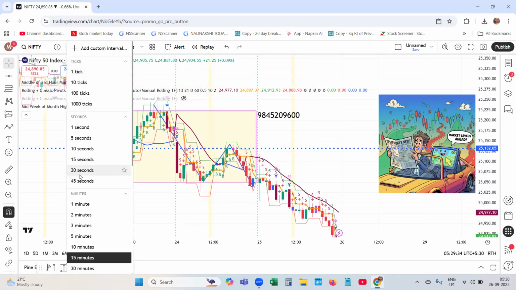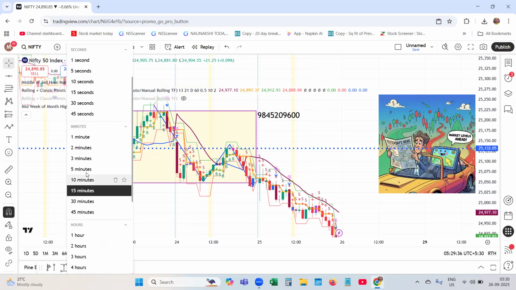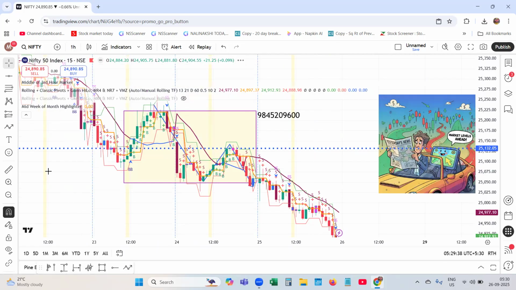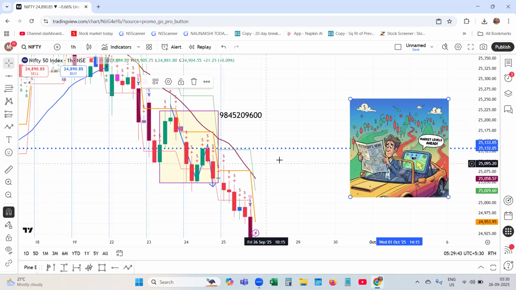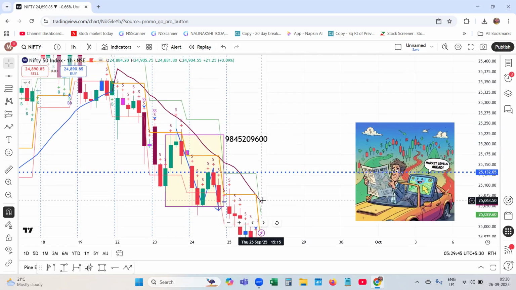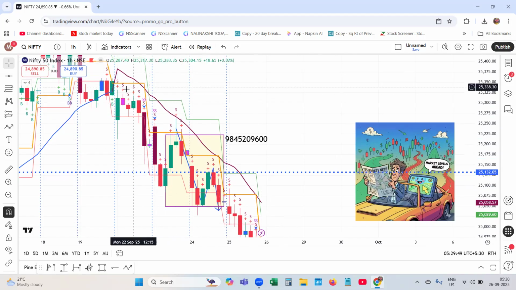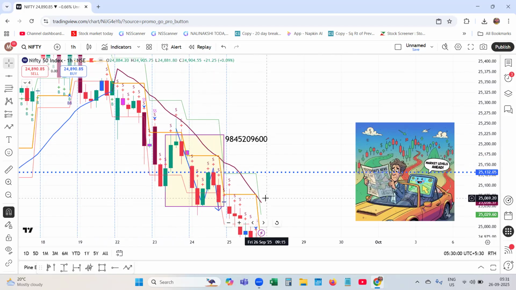Let me go to the higher, hourly time frame. What is the trend? You can see the trend has started climbing down, and the pivot on an hourly basis is coming down. You can see step by step, it is receding.